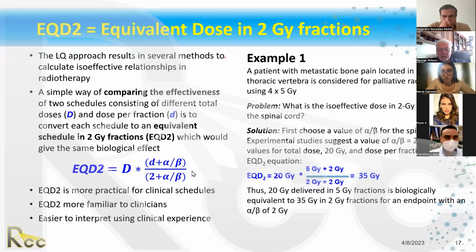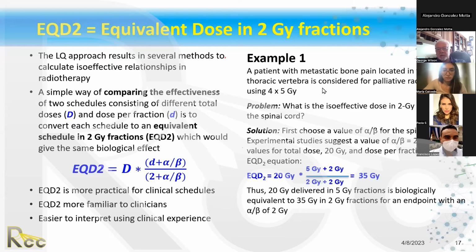Here we have the 2 gray dose, and again, all linear quadratic depends on the alpha beta. It's the new fractionation schedule dose per fraction, plus the alpha beta, divided by 2 gray plus the alpha beta, and then times the total dose. It'll convert any schedule back to 2 gray per fraction.